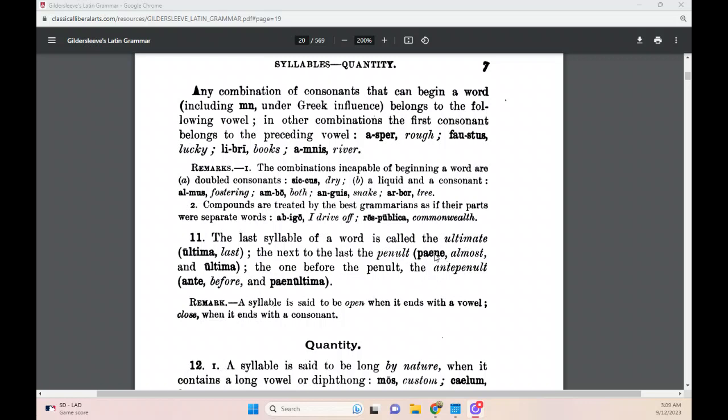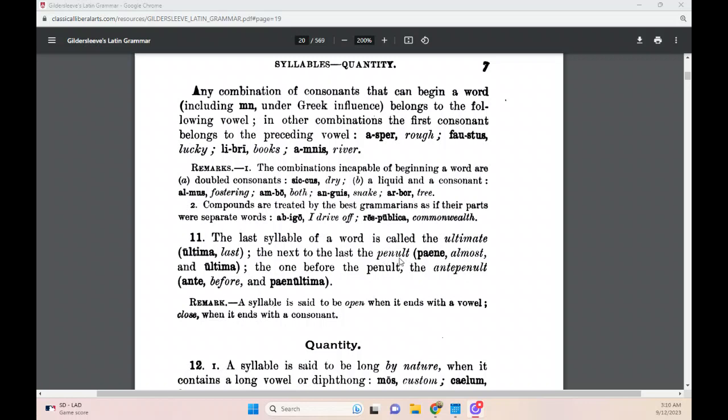But then in Latin, the word paene, or in later Latin it becomes pene. Pene means almost. So penult is really a compound word that could be read as pene ultima, which means almost the last or next to last, near to the last.